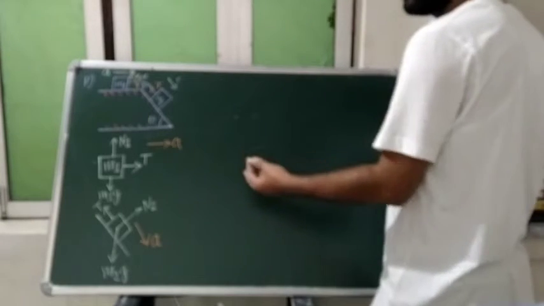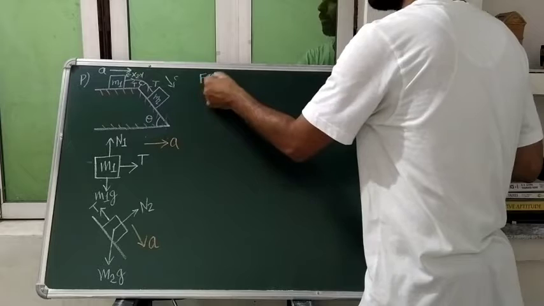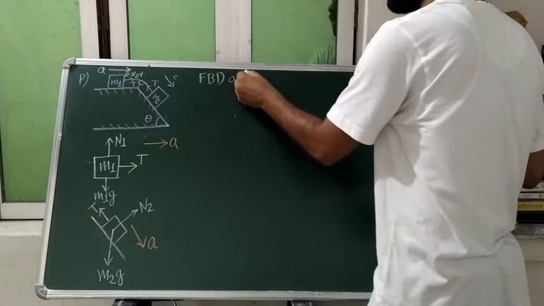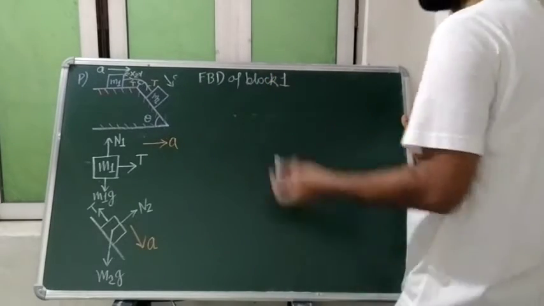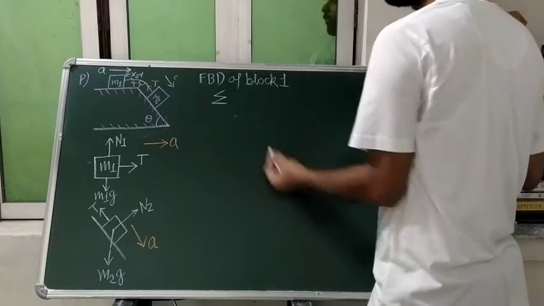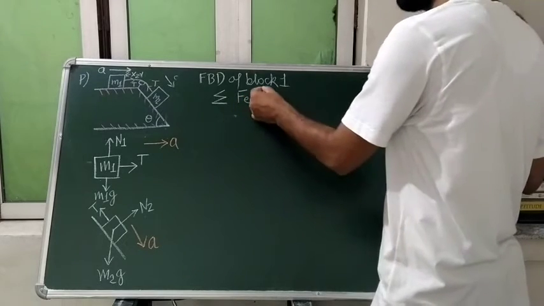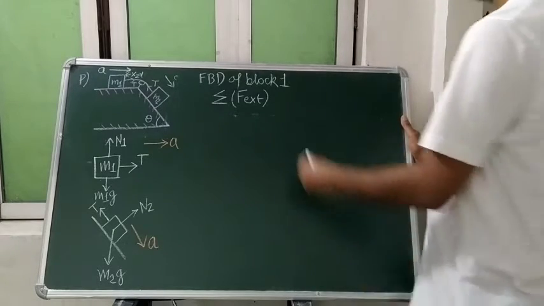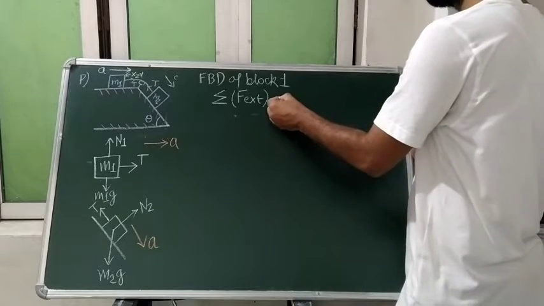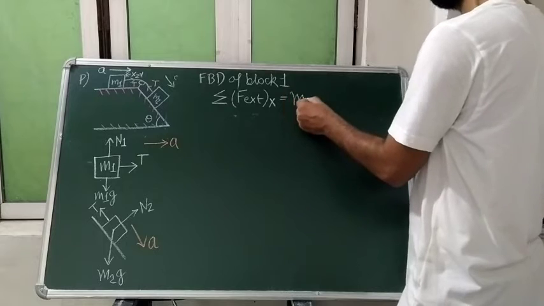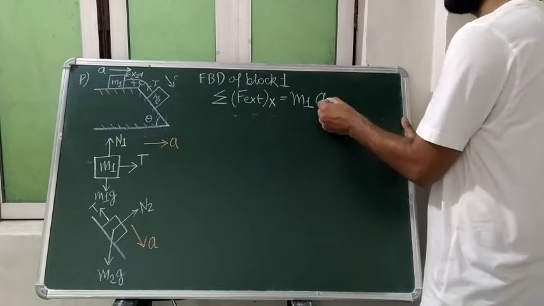If you look at the FBD of block 1, first we look at the vector sum of all the external forces acting on the body in the x direction, which should equal the mass m1 times the acceleration in the x direction.